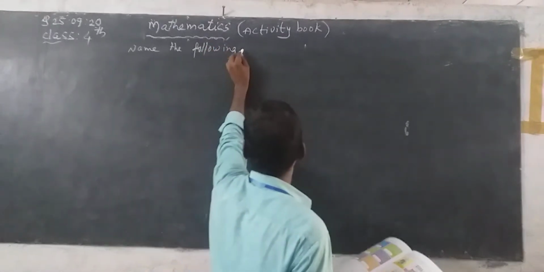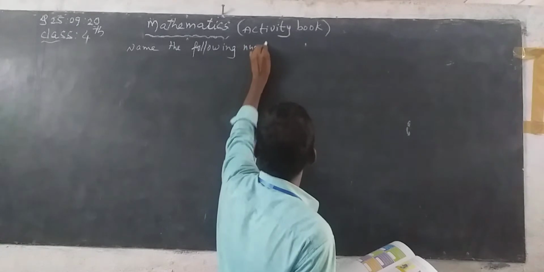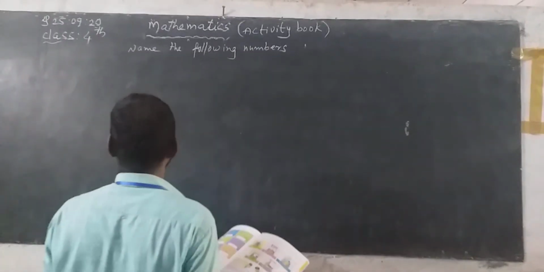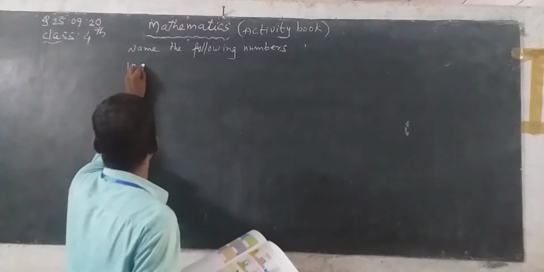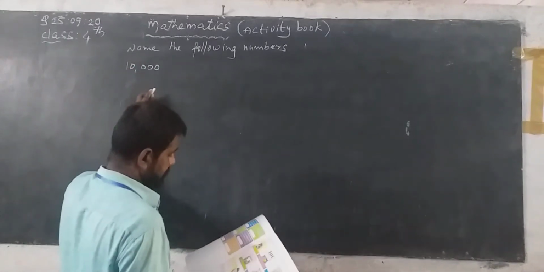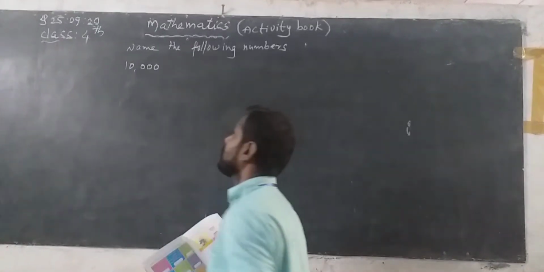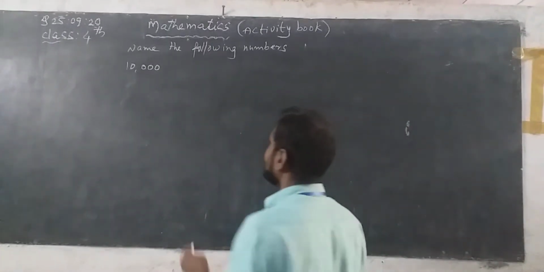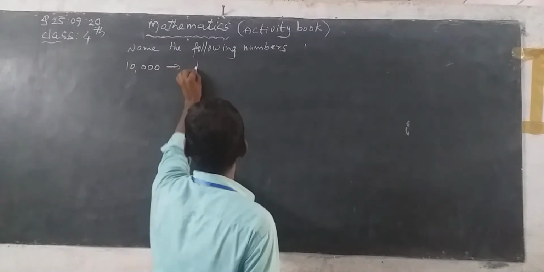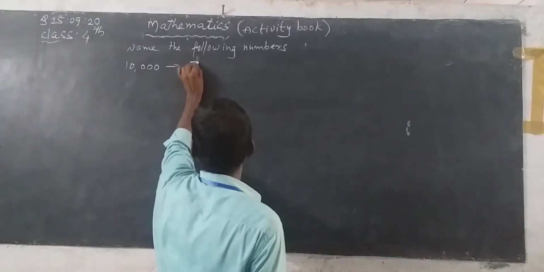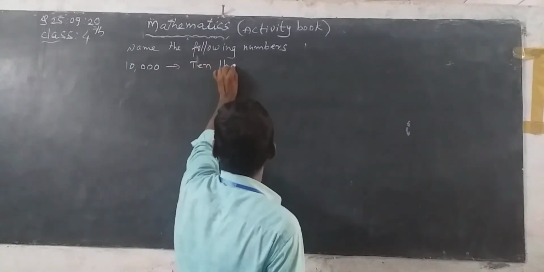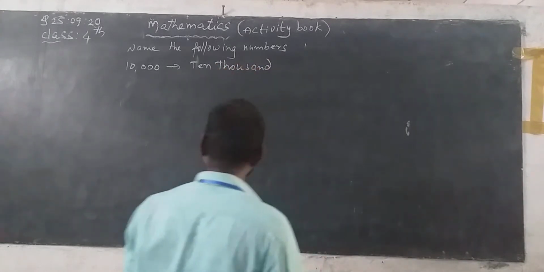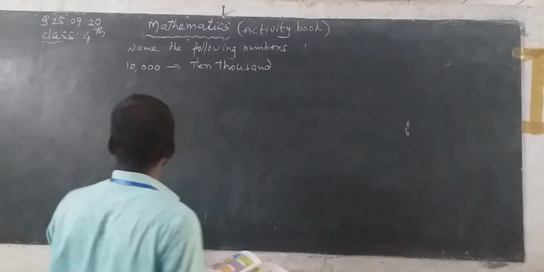See here, what is this? It is read as 10,000.